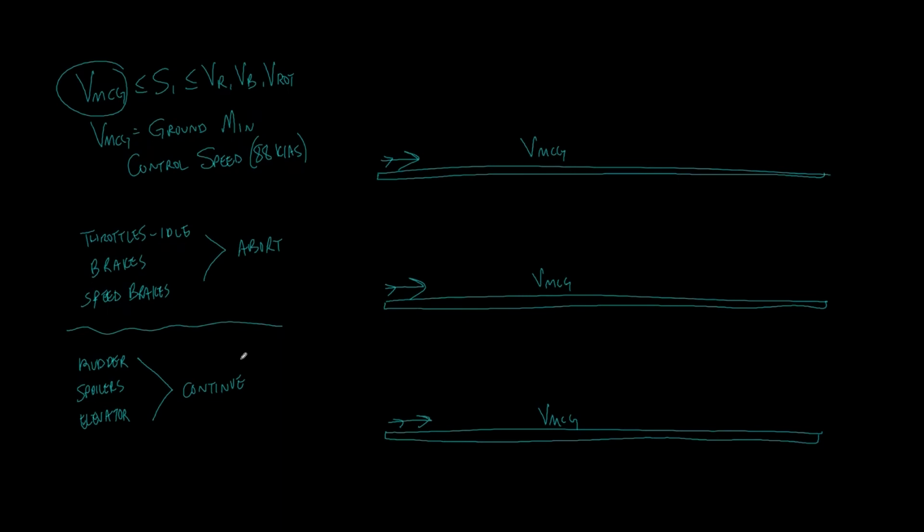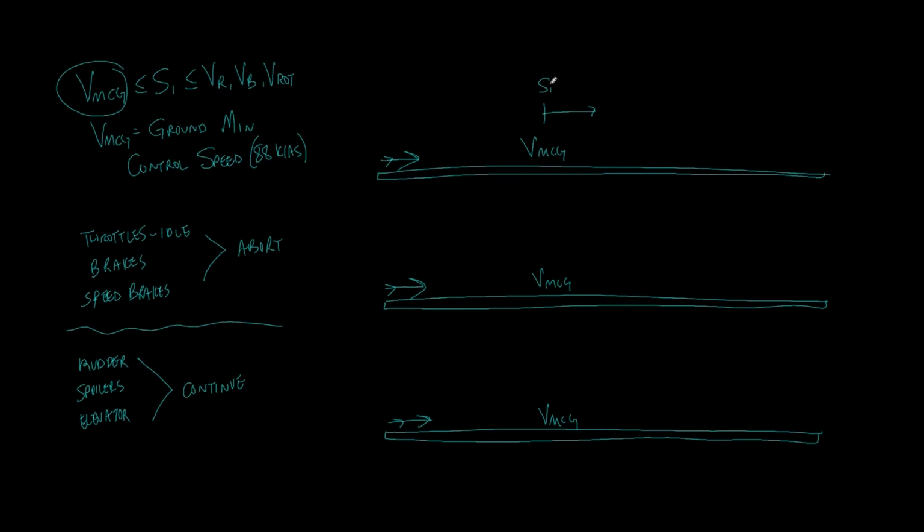So what does this mean to us in our takeoff planning in relation to S1, our go, no-go decision speed? Well, I want to be committed to the takeoff, if I have to be, at or above my ground minimum control speed. Why? Per our definition, ground minimum control speed is a speed at which I should be able to control my aircraft using primary aerodynamic controls.